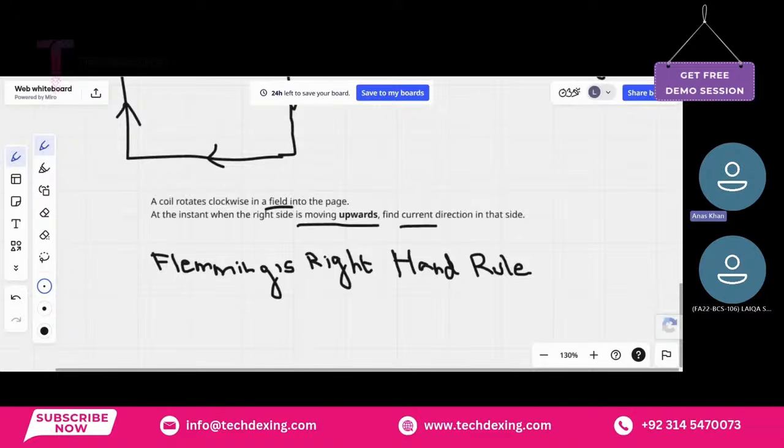The thumb is pointing upwards, the index finger is pointing towards the screen, and the second finger points towards the left. Yes, very good. So the current will move towards the left. The direction for the current would be towards the left.